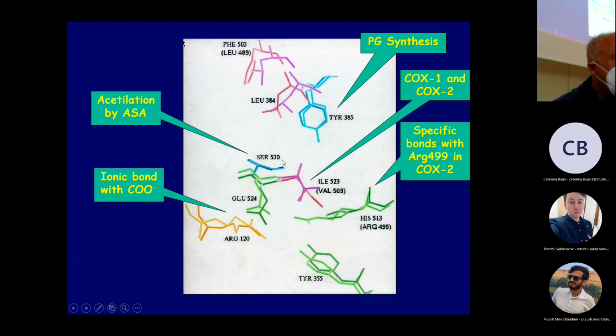Serine 530, which is acetylated by aspirin, acetylsalicylic acid. Arginine 120. But please see here isoleucine 523 and valine 509. We have the difference of one carbon group, methyl group. A very small difference, but it is enough to design selective inhibitor of COX-2.